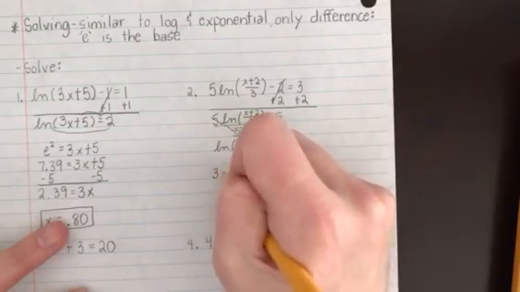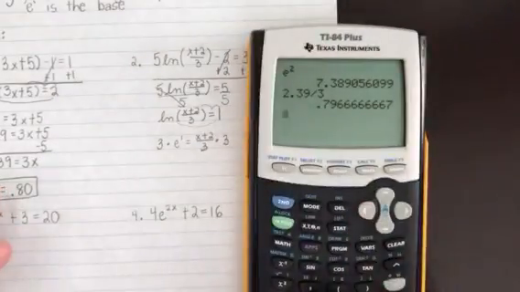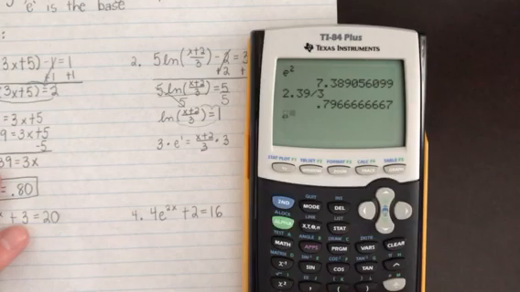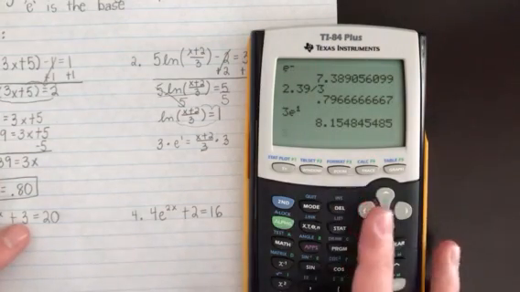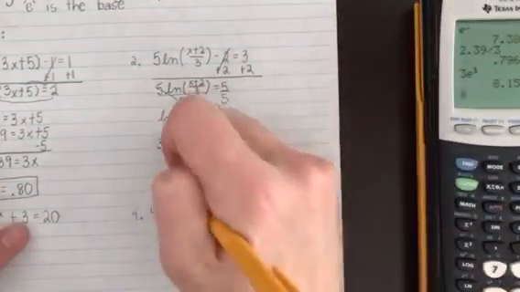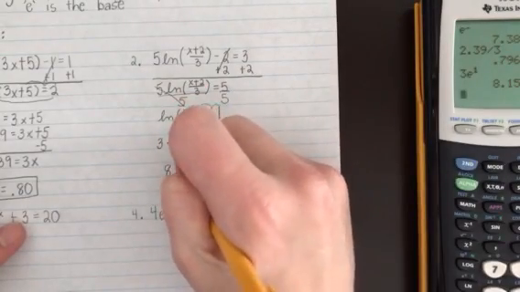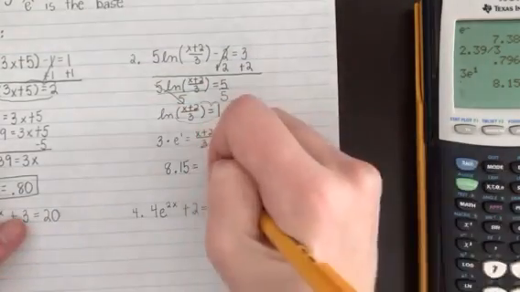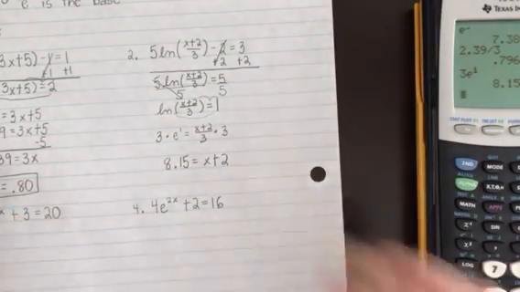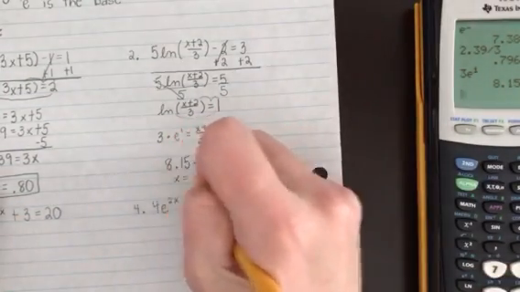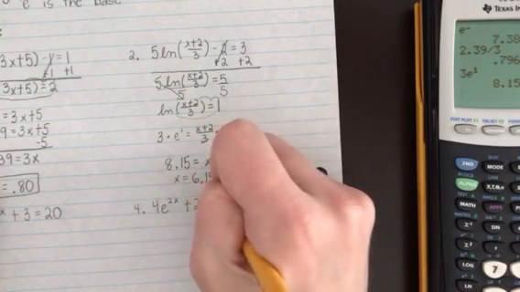So I'm going to multiply 3 times e to the first, which is going to give me 8.15. So 8.15 equals x plus 2. Subtract 2 from each side, I get x equals 6.15.